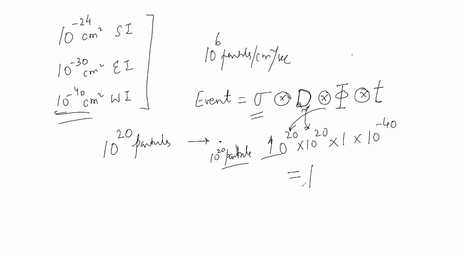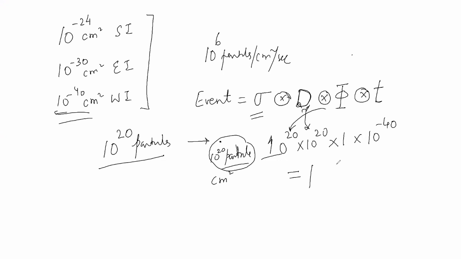This is 1. Physically, what does this imply? That among 10 to the power 20 particles coming in on such a dense target, in a 1 centimeter square where I have placed this much target, only one is able to get scattered if the interaction is taking place via weak interaction.